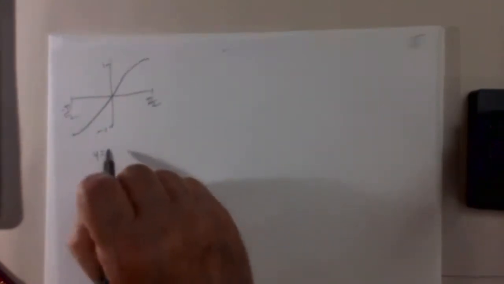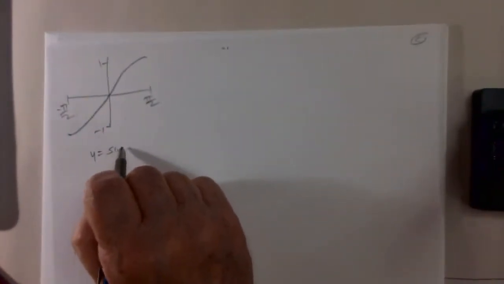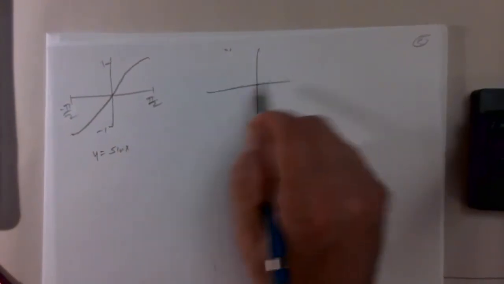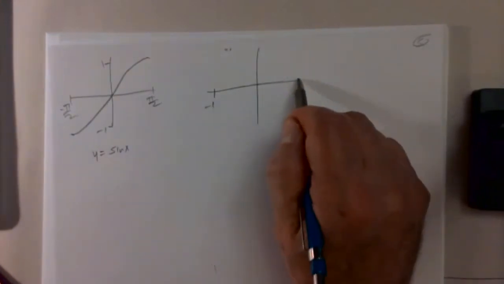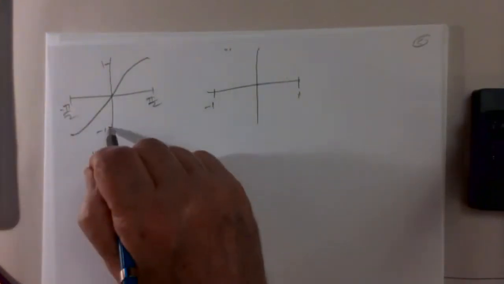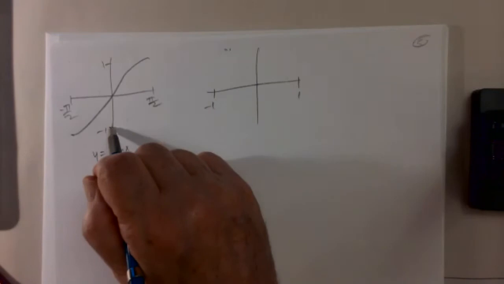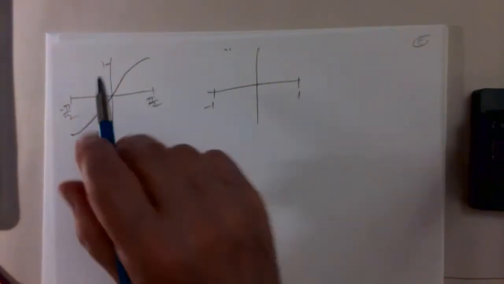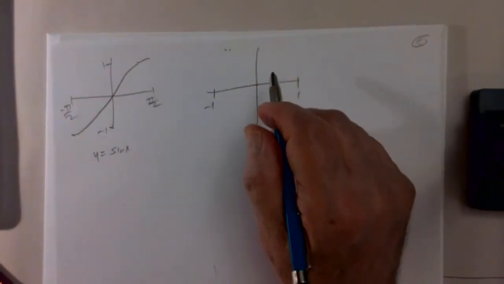So this is y equals sine of x. Now the inverse function is going to go from -1 to 1. It answers the question, given a y between -1 and 1, what's the value of x such that the sine of x is equal to that y?